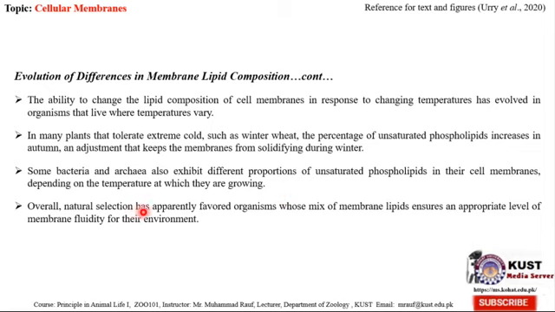Overall, natural selection has apparently favored organisms whose mix of membrane lipids ensures an appropriate level of membrane fluidity for their environment. So such organisms are favored which have the ability to manipulate the membrane lipid composition according to the changing environments.